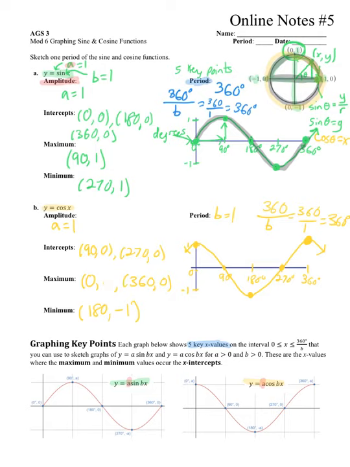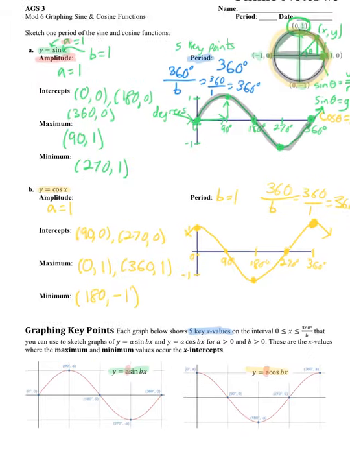They're not going to be (0, 0). They're going to be (0, 1) and (360, 1). My mistake on that. And the minimum value is (180, -1). But again, we have 5 points. This time there's 2 intercepts, 2 maximums, and a minimum. Before there were 3 intercepts, 1 maximum, 1 minimum on the sine function.